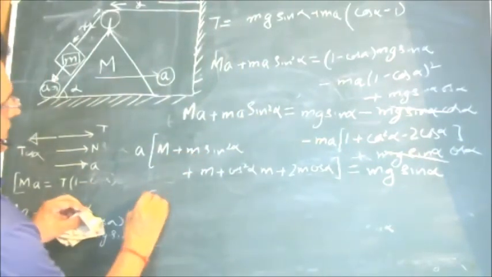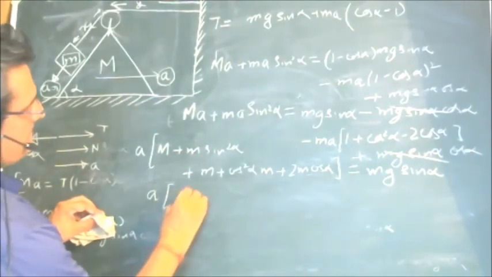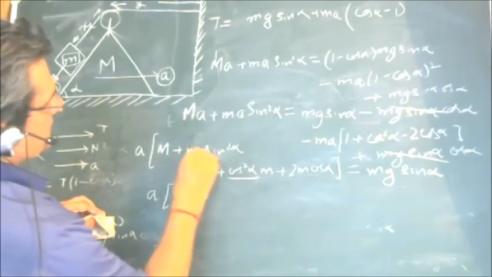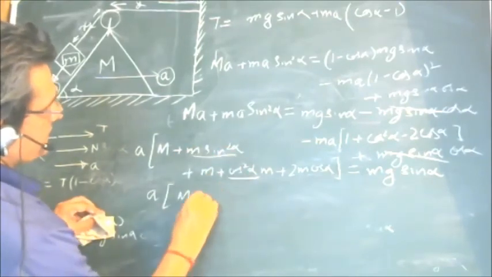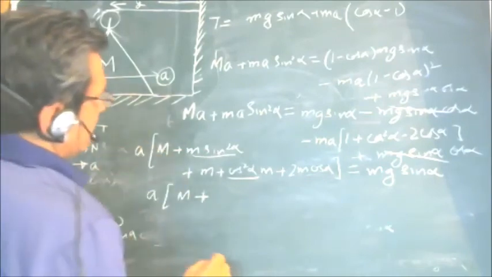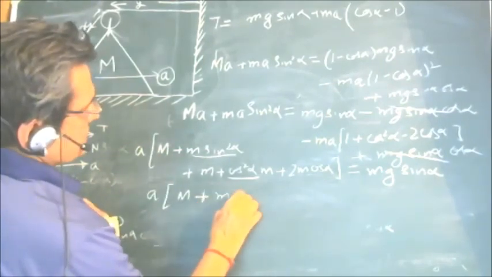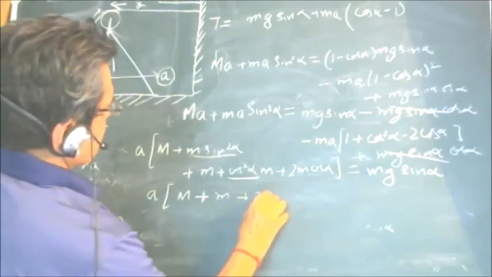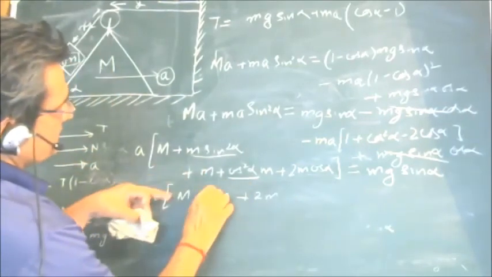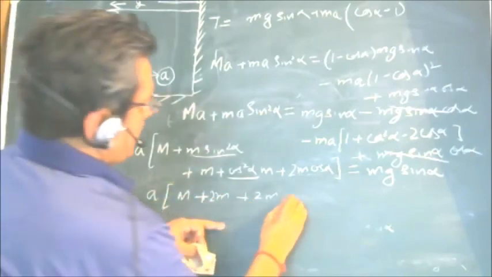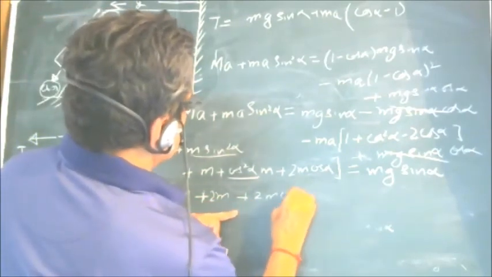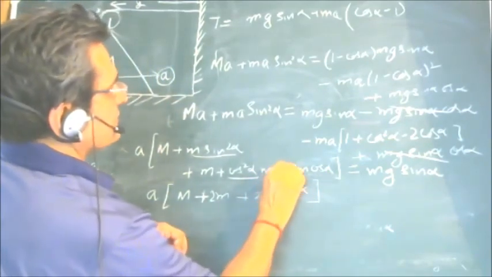This becomes a times M plus, now this becomes m, sine square alpha plus cos square alpha is equal to 1, m, plus twice m, and this is one more m, so it is 2m. It will be minus twice m cos alpha, because minus minus got cancelled here.